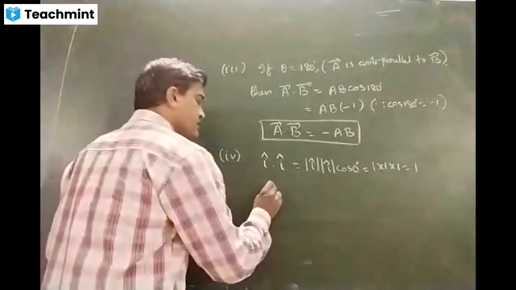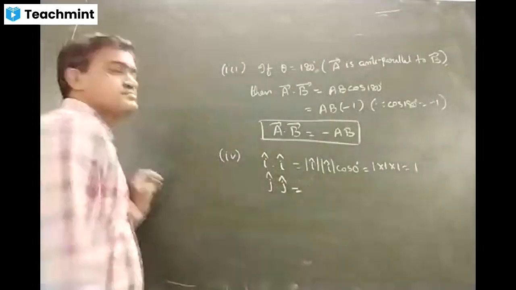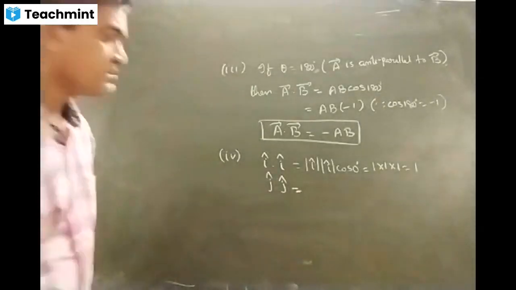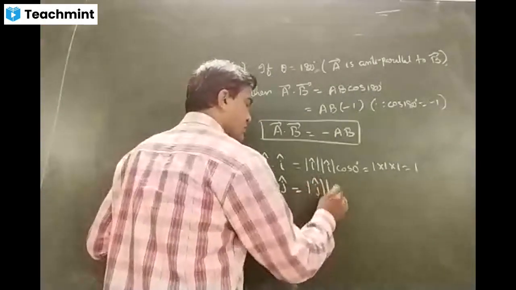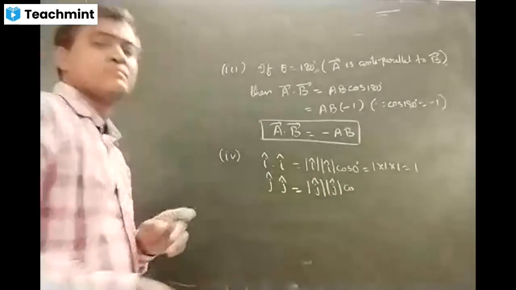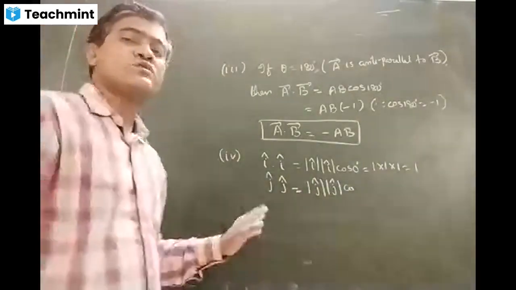Similarly, if I ask you J cap dot J cap: 1. Modulus of J cap. What is the angle between J cap and J cap? J cap is lying on the y-axis, and the other J cap is also lying on the y-axis, so 0 degrees.